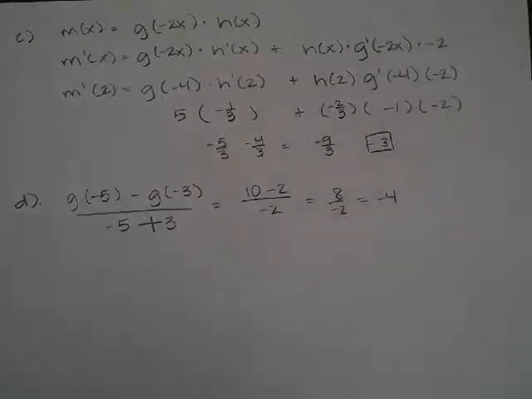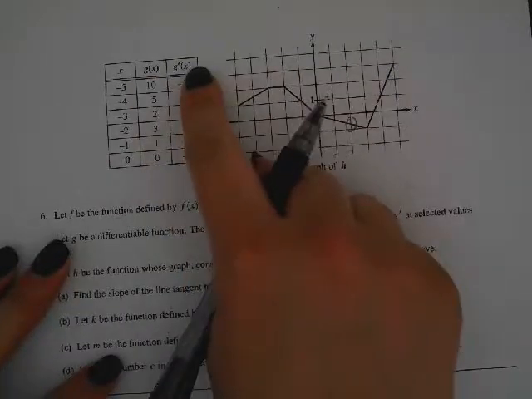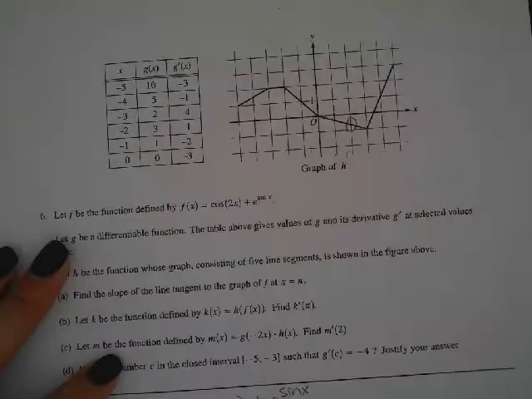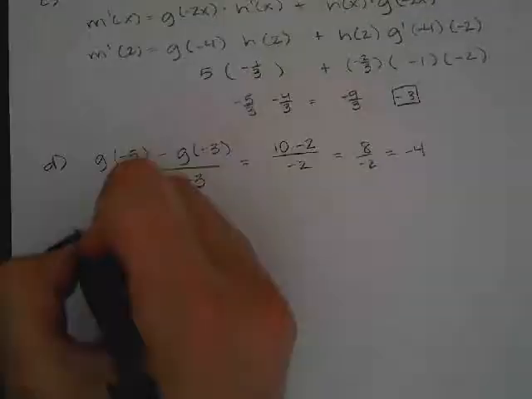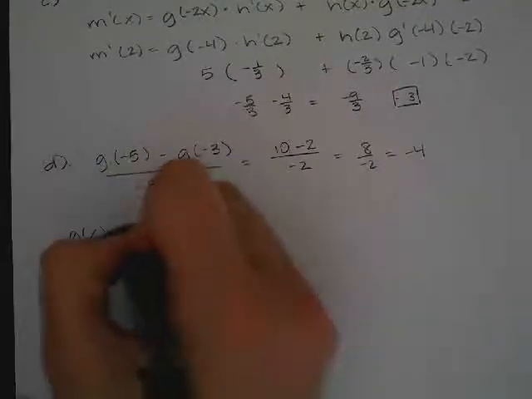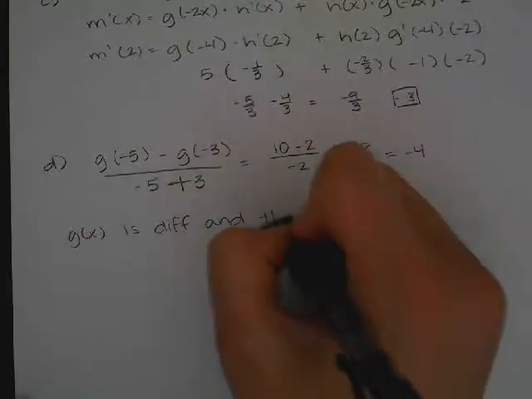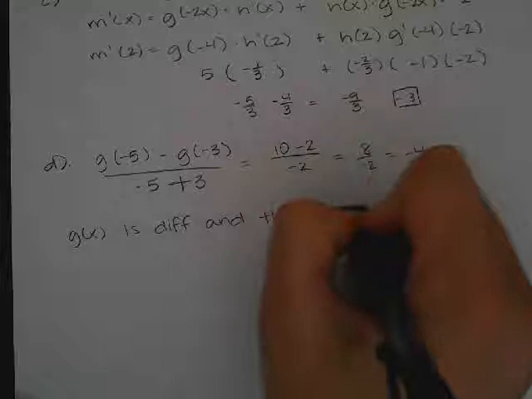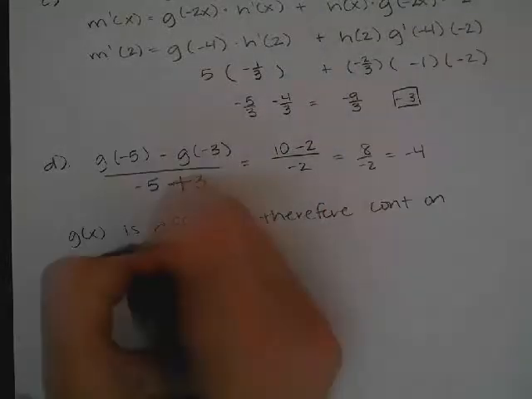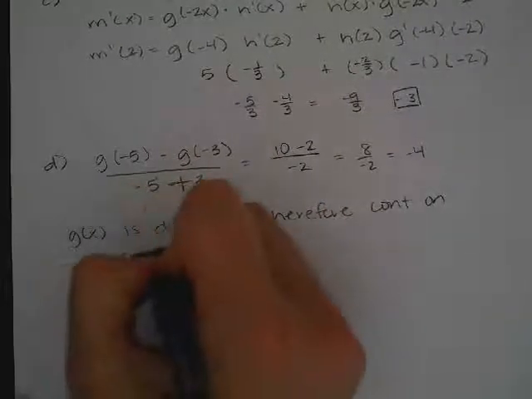All right, so before I use the mean value theorem, I do have to be able to say that g of x is continuous, and g of x has to be continuous because it is differentiable, so you are able to take a derivative. So I'm going to say g of x is differentiable and therefore continuous on negative 5, negative 3.